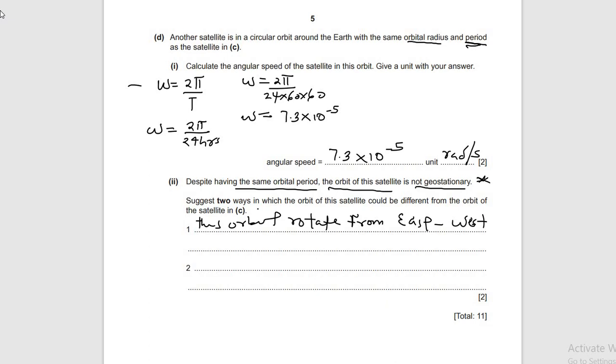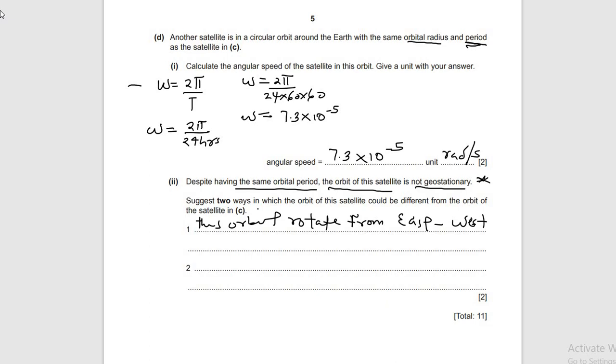You know that geostationary orbit must be about a particular height above the earth. Do you get? Geostationary objects must be about 3.6 times 10 to the power 7 meter above the earth.